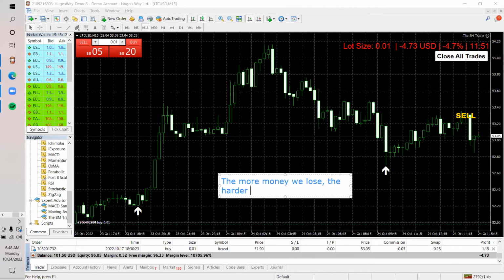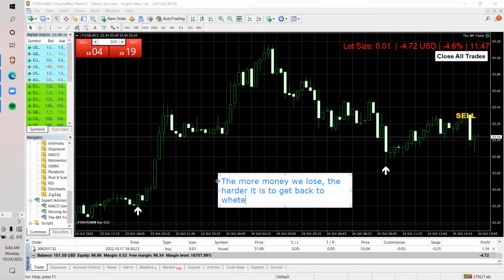Because the more money we lose, and I'm going to write this down, the more money we lose, the harder it is to get back to where we started, right? And I stare at this and it is very important, and not even just in the market, for instance, just think, the more money that we lose.